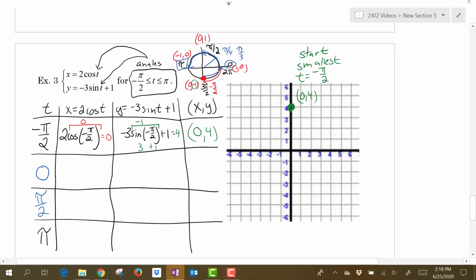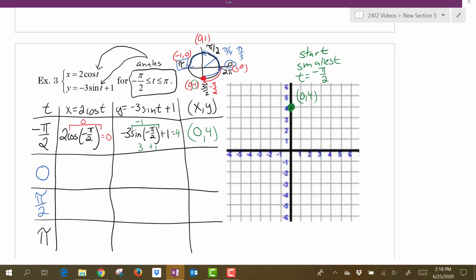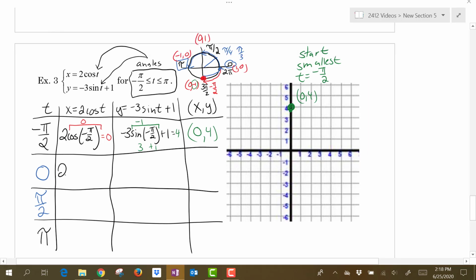so this is where the path will start. Alright, so let's plug in 0. So that's 2 times cosine of 0. Cosine of 0 radians, that's 1. 2 times 1 is 2. Once again, you can use your calculator.